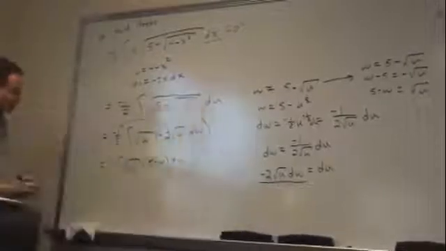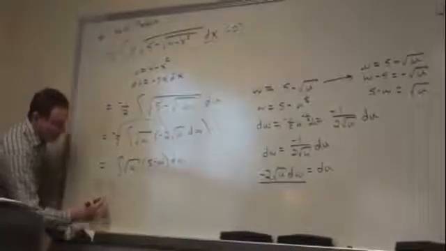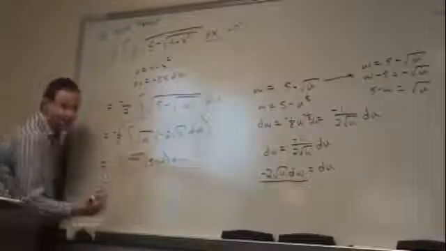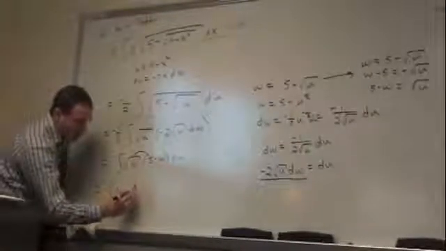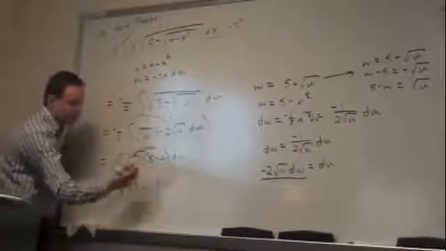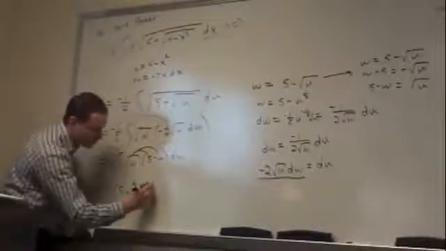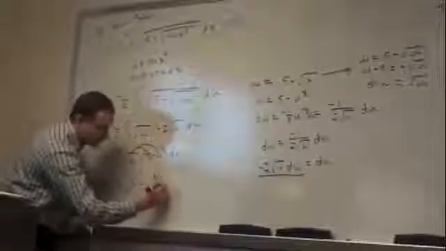So I'll say this is the integral of 5w to the 1/2 minus w to the 3 over 2 dw.